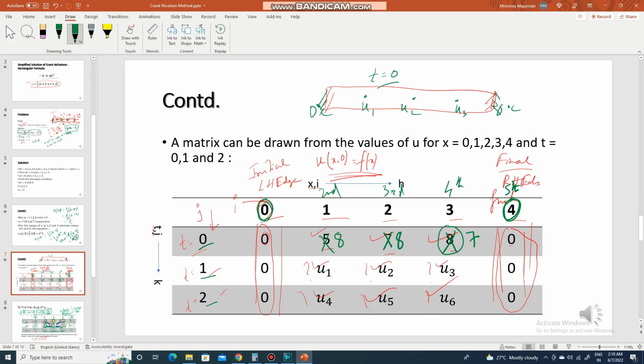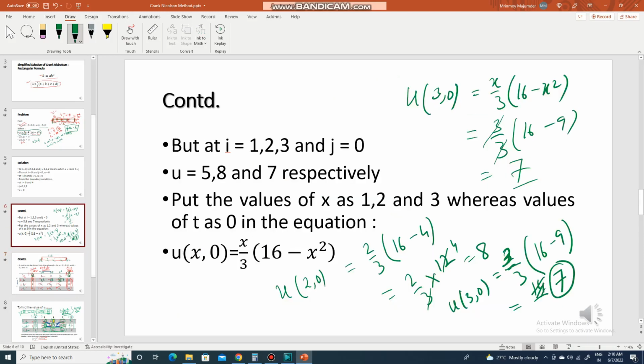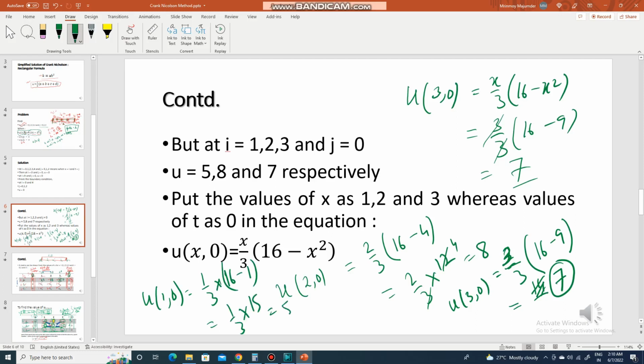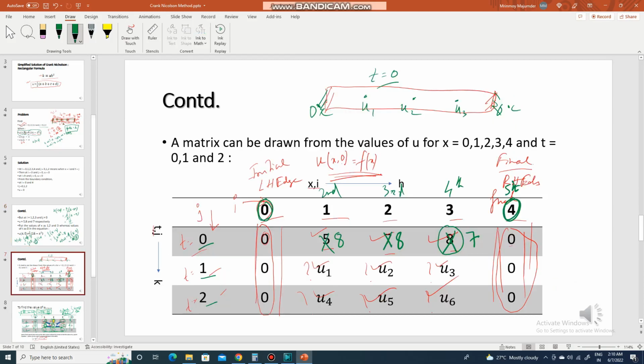What happens to the first value? So this is U1,0: 1 by 3 multiplied by (16 minus 1). So this will be 1 by 3 into 15, which will be 5. So this is actually incorrect to write this. Write this.